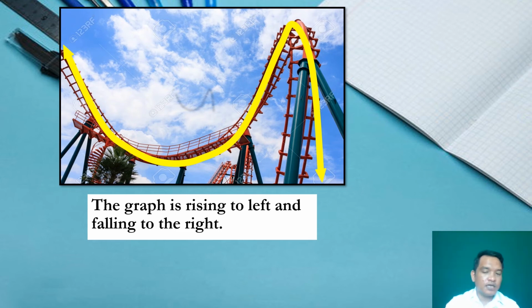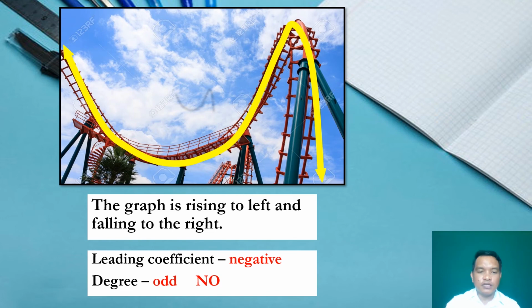Pag falling to the right, meron siyang negative na leading coefficient. At ang degree niya ay odd. Bakit odd? Kasi, magkaiba yung behavior niya sa both ends. Meron isang rising to the left and falling naman dun sa right. So, pag magkaiba ang end behavior, laging odd.